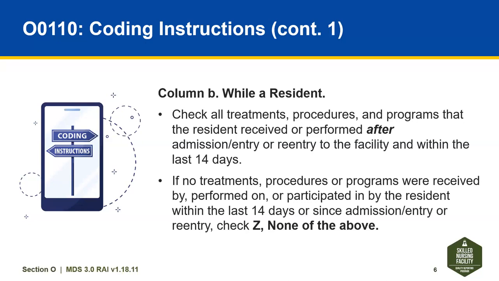For while a resident, you'll check all of these that the resident received or performed after admission, entry, or re-entry to the facility and within the last 14 days. And as with on admission, if none apply, you'd also check Z, none of the above.